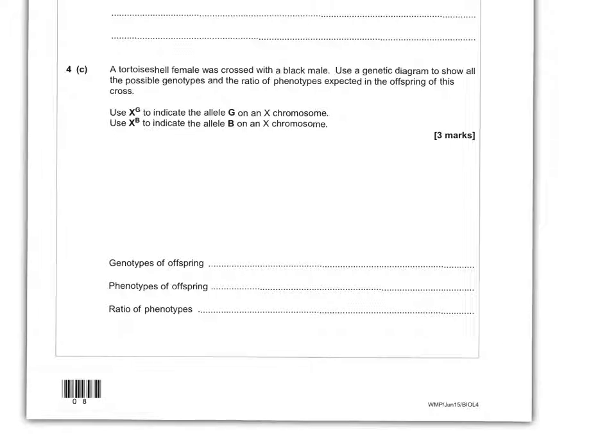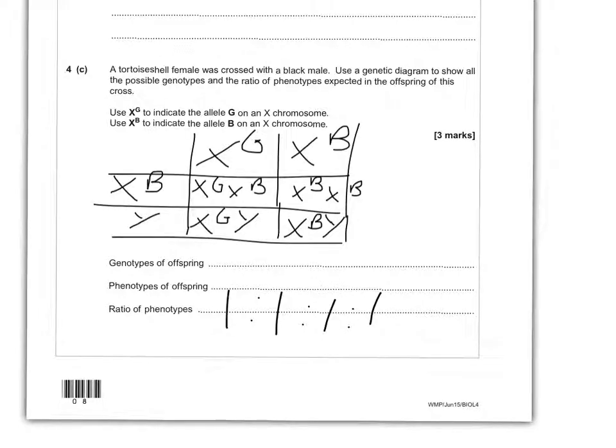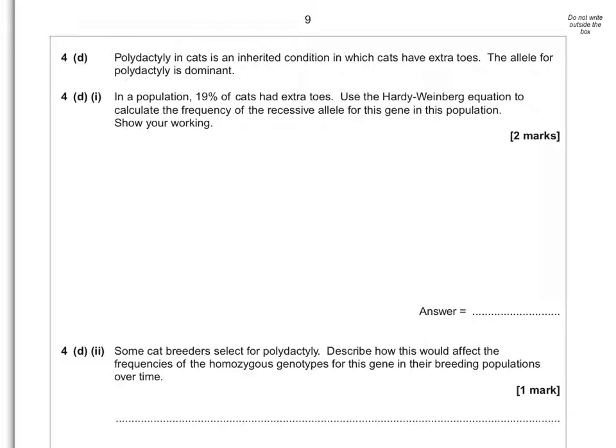Okay, so you need to make sure that you put the sex of the cats, and then you would have got the ratio of 1:1:1:1. I think most of you, as I said, got that correct. Well done. So you can see from the Punnett square, that gives the genotype. The phenotype, remember, is a tortoiseshell female, black female, ginger male, black male.